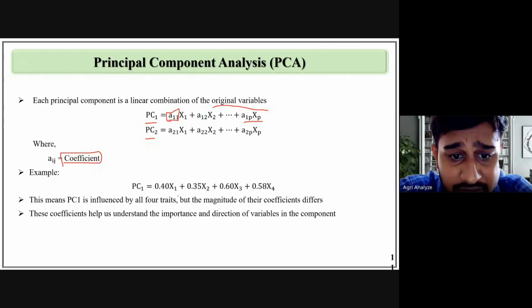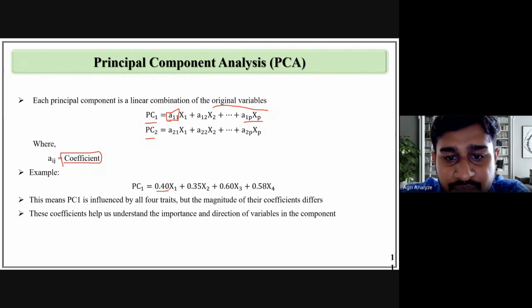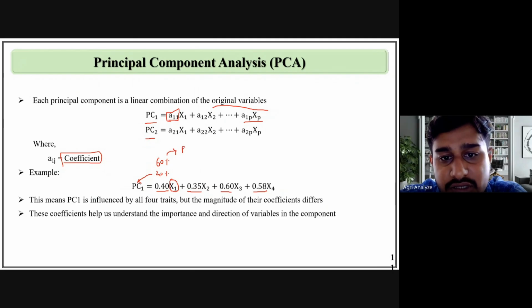Here we see that principal component 1 is 0.40x1, 0.35x2, 0.60x3, 0.58x4. It means 40% of variation for x1 variable was explained by PC1. The remaining 60% was explained by other PCs like PC2, PC3, PC4.